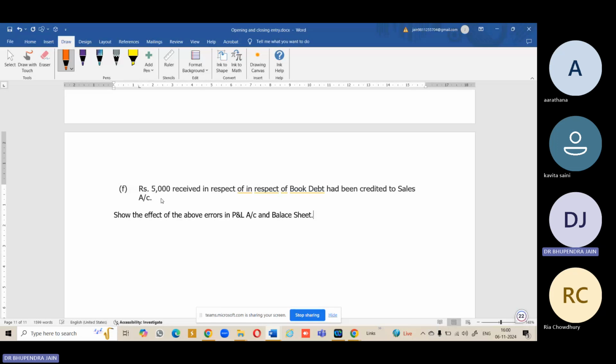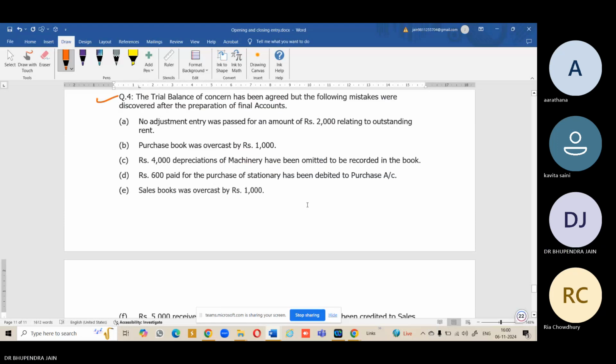Some of the errors are given. Then we have to show कि what is the effect of such errors on the profit and loss account as well as on the balance sheet.